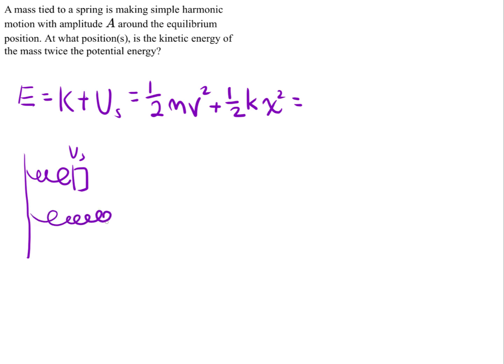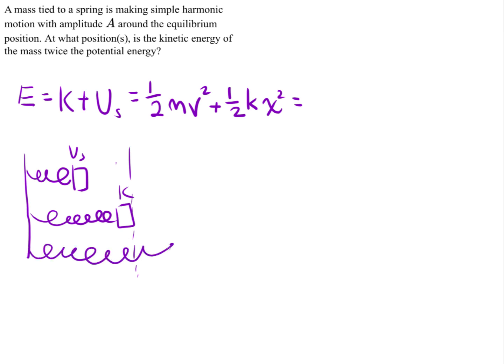And then when it reaches back to its equilibrium position, all of the spring potential energy from the compressed spring gets turned into kinetic energy. And this is the equilibrium position. So when it is at the equilibrium position, it's going to have the maximum possible kinetic energy and zero potential energy.